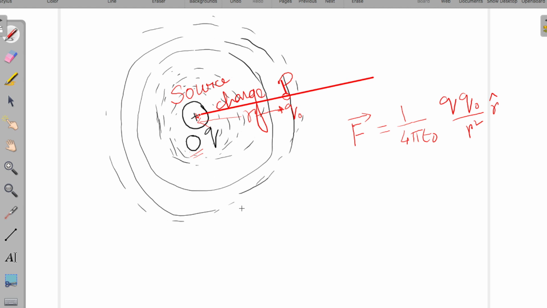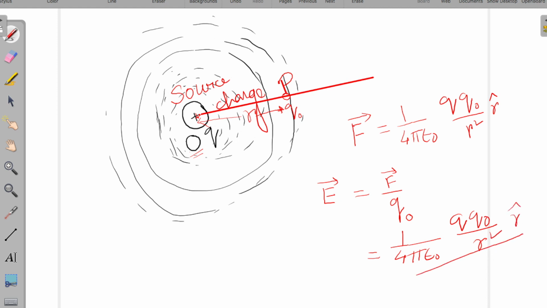According to the definition, the electric field strength E is the force experienced by a unit positive test charge. If we substitute the value of the force, the expression can be written as 1 by 4 pi epsilon naught, Q Q naught by r square, r cap, divided by Q naught.